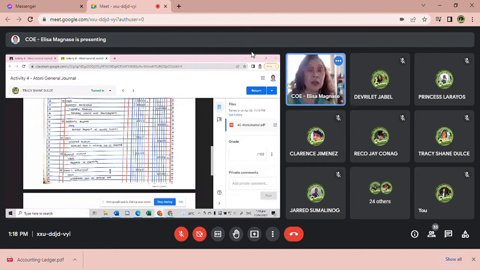And then the 28th, payment of electricity. I think it is electricity expense or utility. So you credit cash.